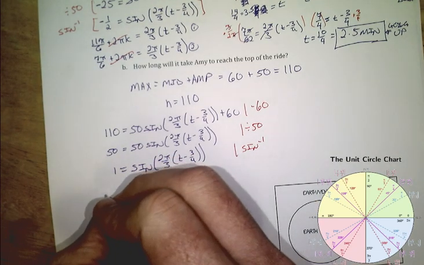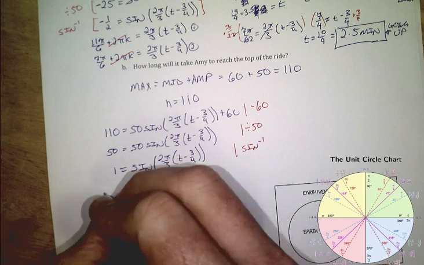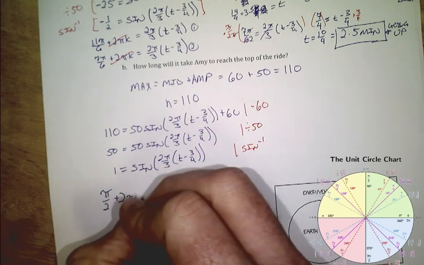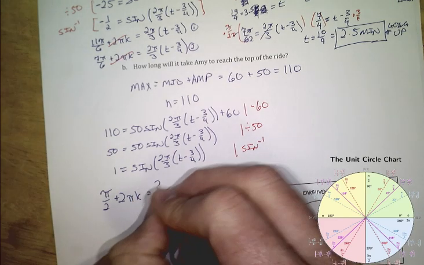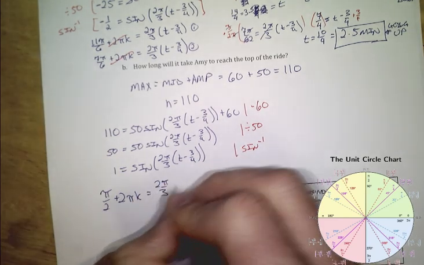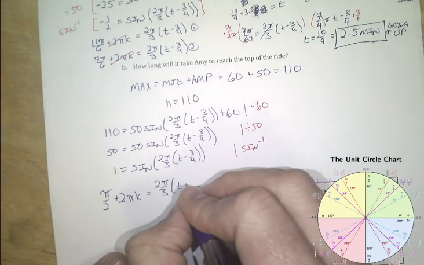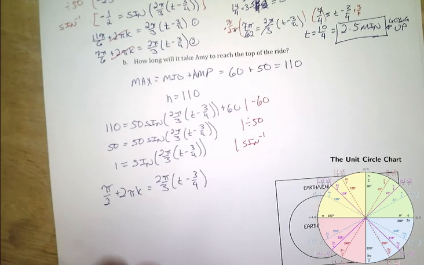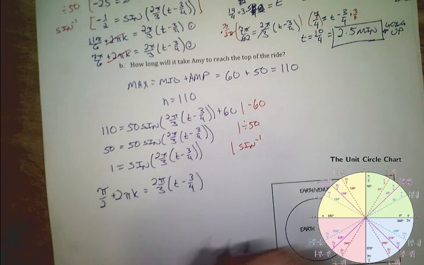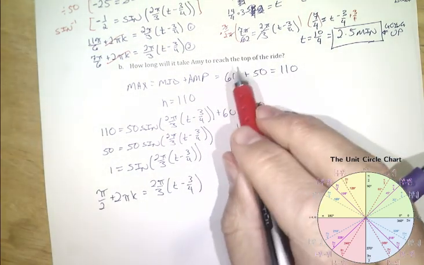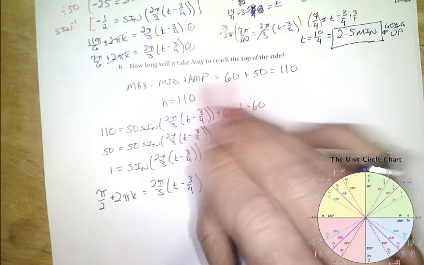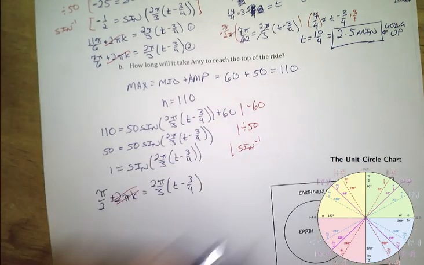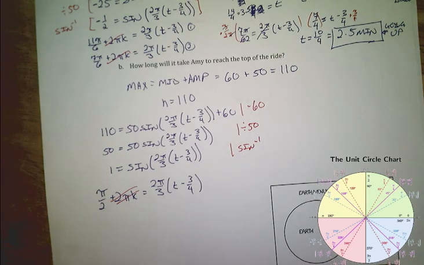So inverse sine of 1 is going to be pi over 2, plus 2 pi k, which is equal to 2 pi over 3 times t minus 3/4. Again, since it's not asking how many times or when will every time, just the first time, we can ignore all the extra rotations of the Ferris wheel.